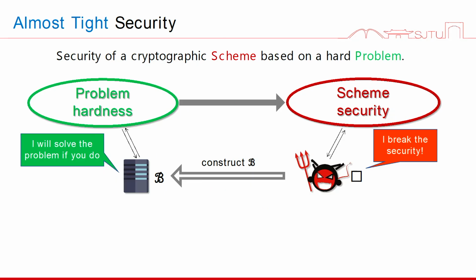In modern cryptography, to prove the security of a scheme, a common way is to base the scheme's security on a well-studied problem through a security reduction.